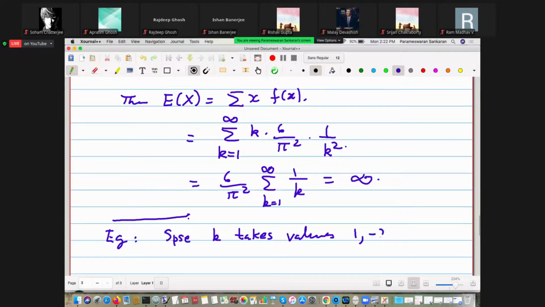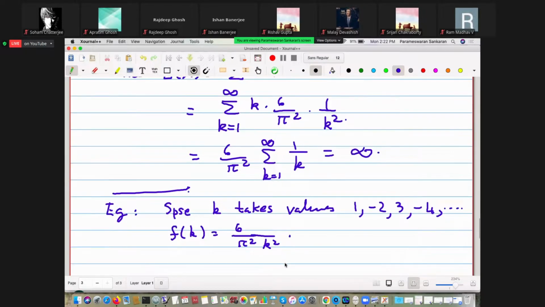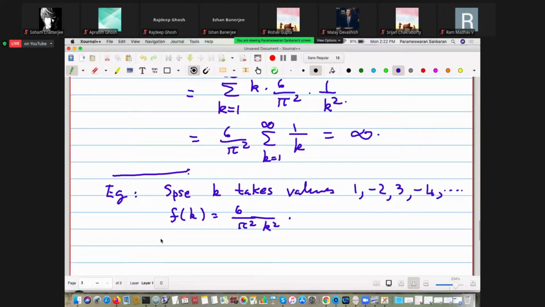And f of k is still 6 by pi square times 1 by k square. And what happens to the expectation of x? Compute this.